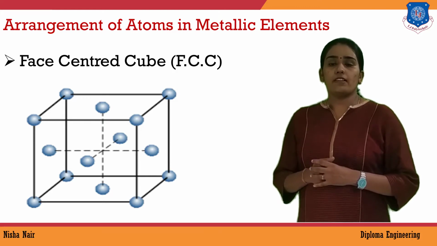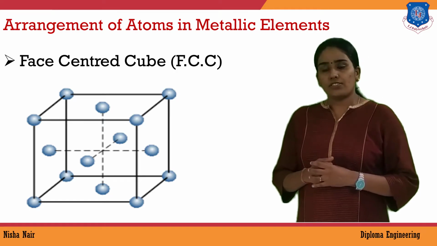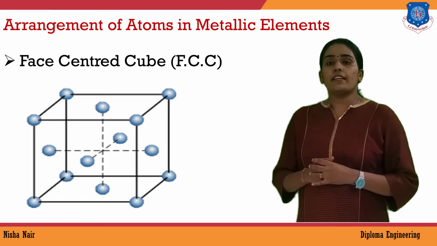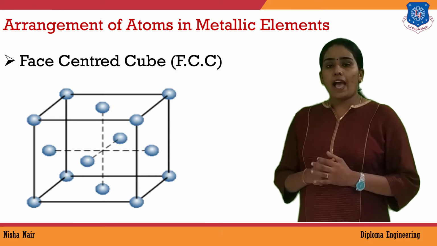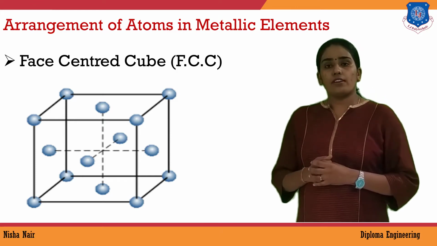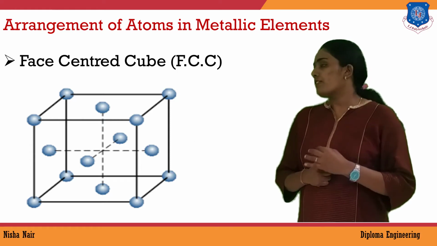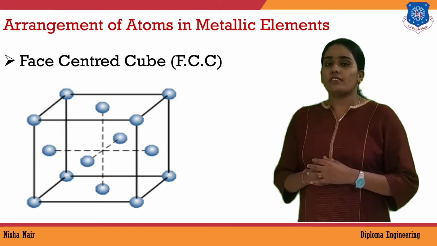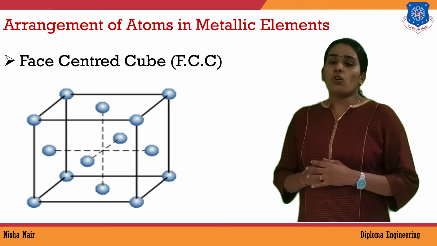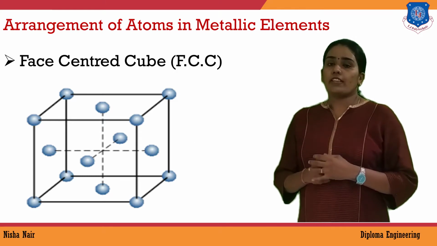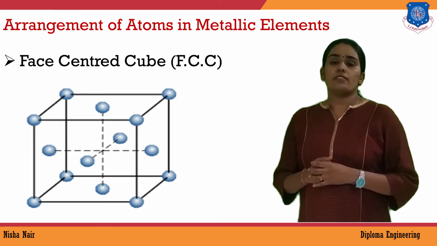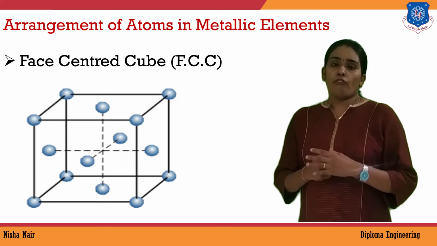So, in those metallic elements that show a face-centered structure, we can see atoms on the 8 corners of the cube and on the center of the face. Here in the cube we can see 8 corners and 6 faces. So for the face-centered cube structure we can see atoms on the 8 corners and on the center of the face.